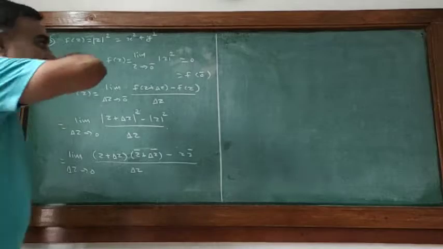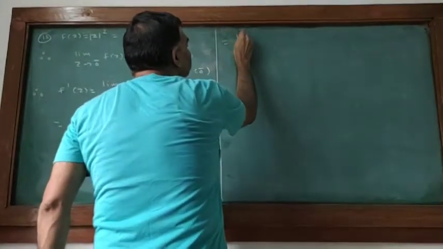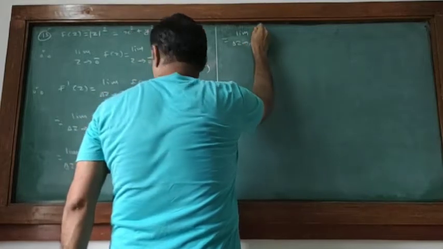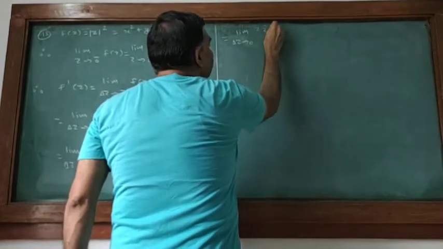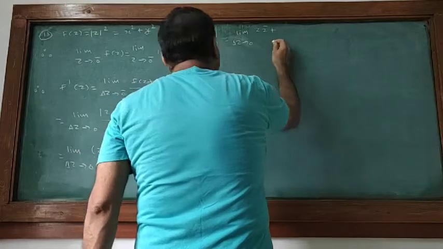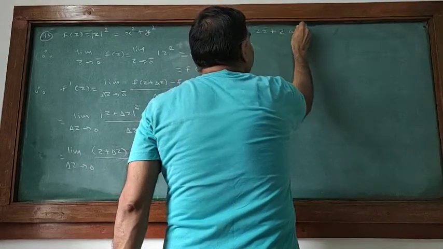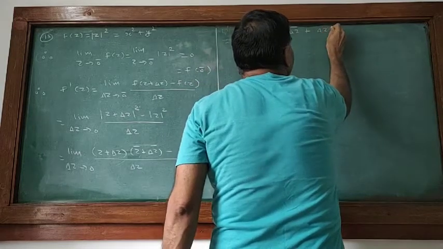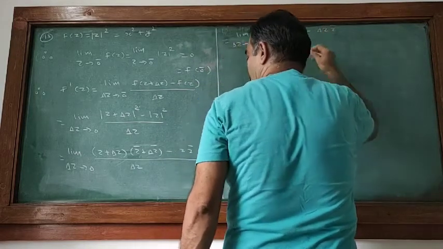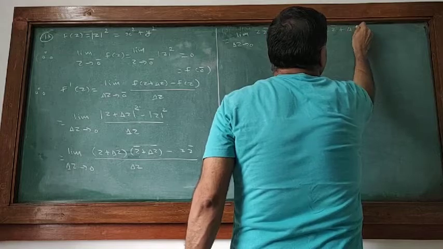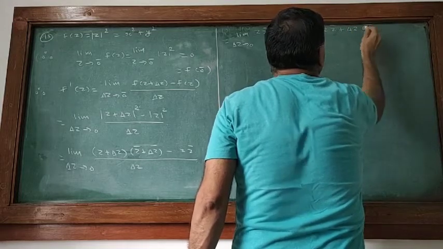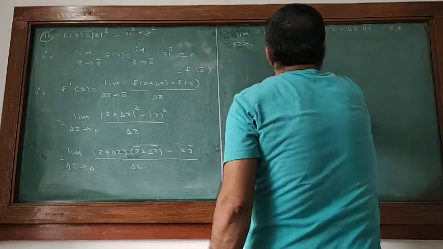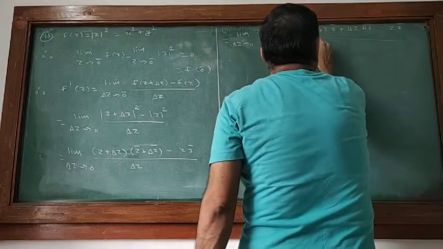So this is equal to limit delta z tends to 0 of z z bar plus z delta z bar plus delta z z bar plus delta z delta z bar minus z z bar upon delta z.